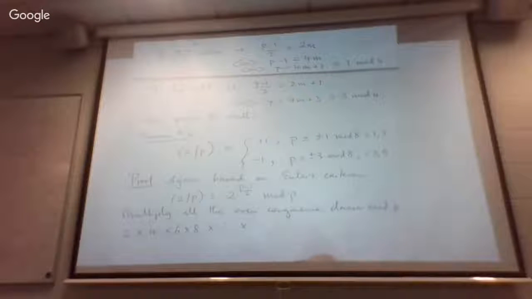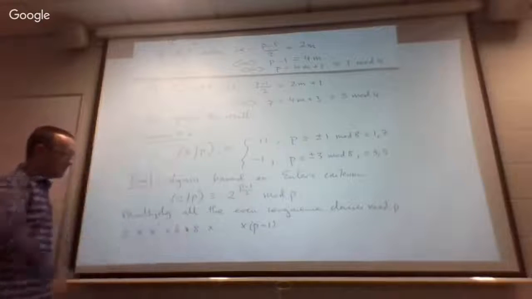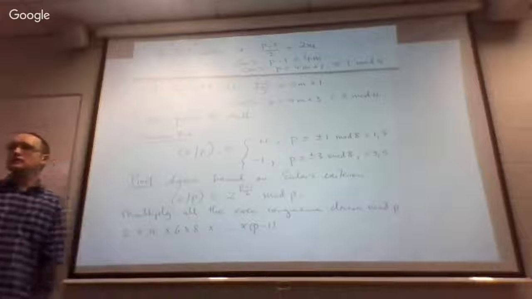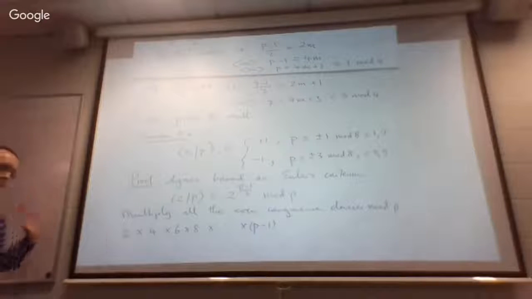It contains 2, 4, 6, and 8. The last even congruence class you encounter is, of course, p minus 1, since p is an odd prime, so p minus 1 is even. That's the last even congruence class. Multiply them all together.